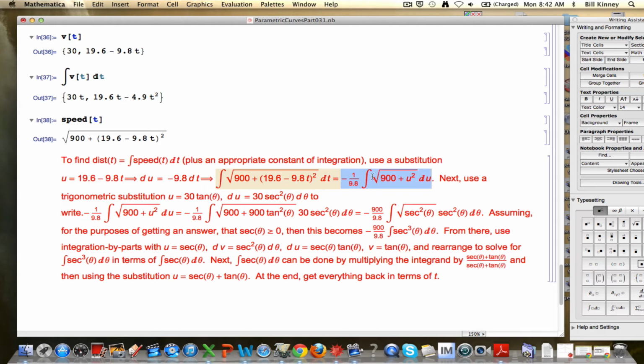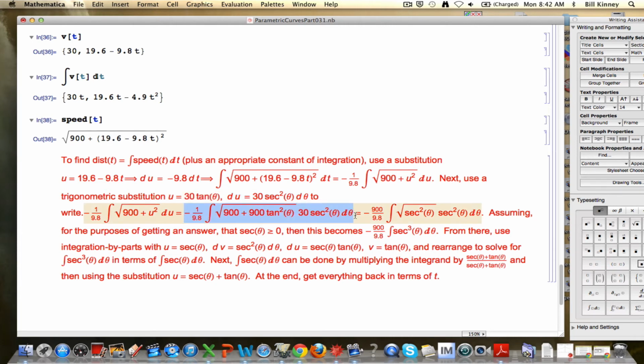Hopefully you've seen this kind of integrand before and realize that, especially because 900 is 30 squared, a nice perfect square there, using a trigonometric substitution is good to do next. Letting u equal 30 times tangent of theta, a new variable theta, is a good substitution to make here. Du would be 30 secant squared theta d theta, and after that substitution you would get this.